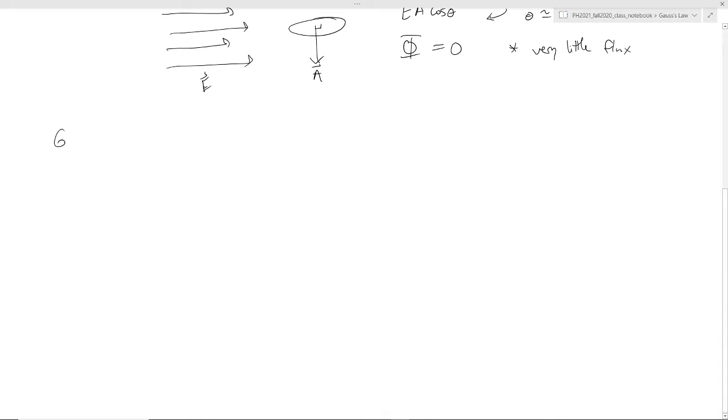Gauss's law is the following. If you add up the electric flux, in other words, if you integrate it over some closed surface, here we'll make an aside: this is an integral over a closed surface.